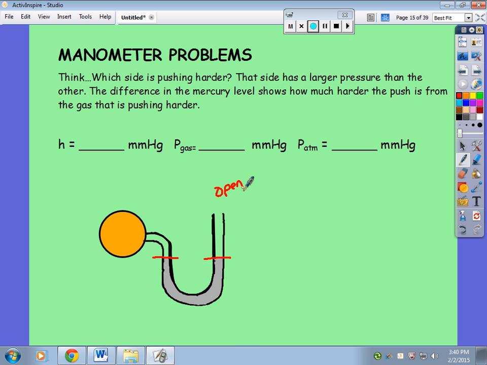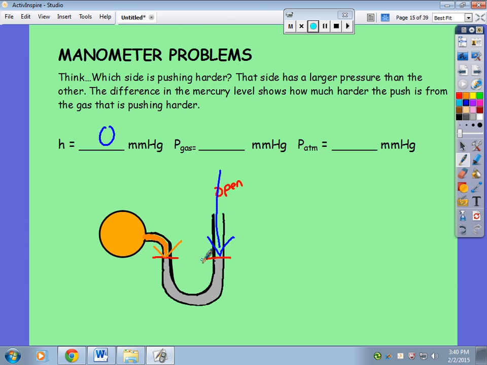And so if you look, what's true about this gas? All these molecules are hitting this right here, and they're pushing down on that mercury. Okay? And all the particles from the air are pushing down on this level of mercury, and no one's winning. No one. Okay? So if I told you right here that there's 0 difference, that'd be the difference in the height.